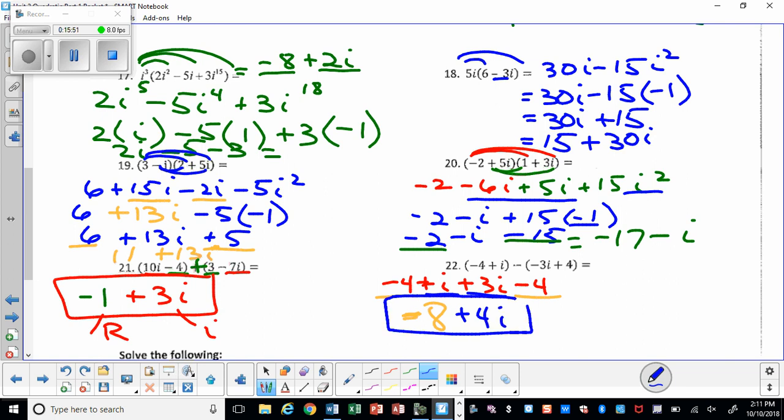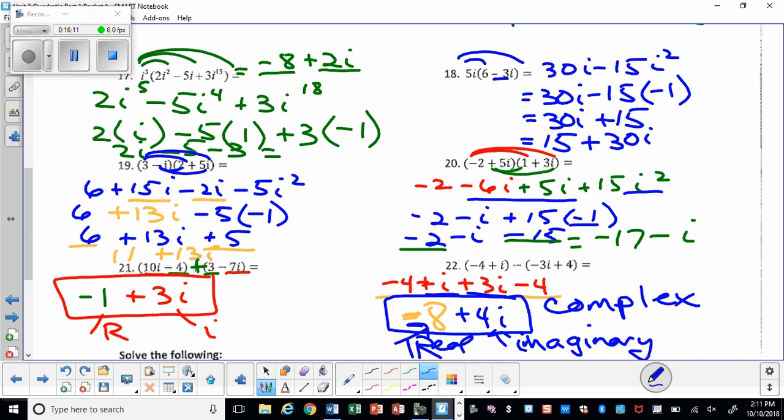So that is my complex number because it has a real part, right? And it has this imaginary part. Real plus imaginary, and that's complex.